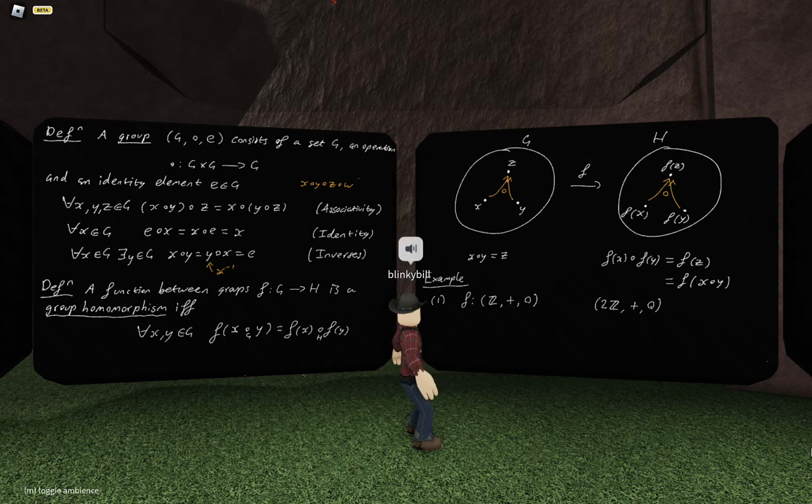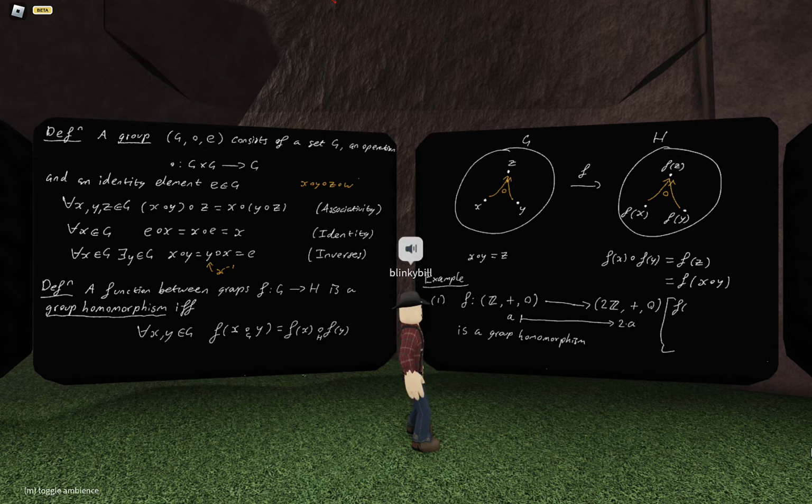Our group homomorphism from this group to that group is going to send an element A to 2 times A. And I argue that this thing is a group homomorphism. And this is very easy to verify.